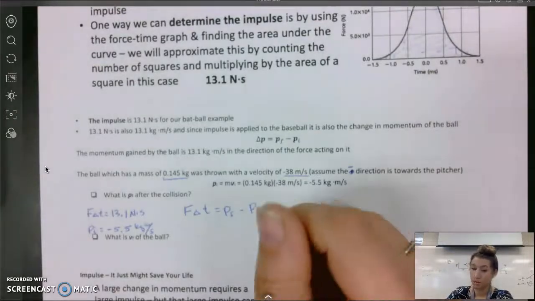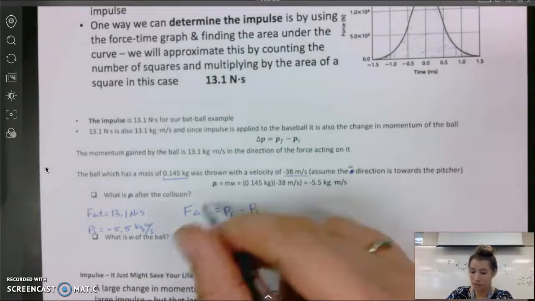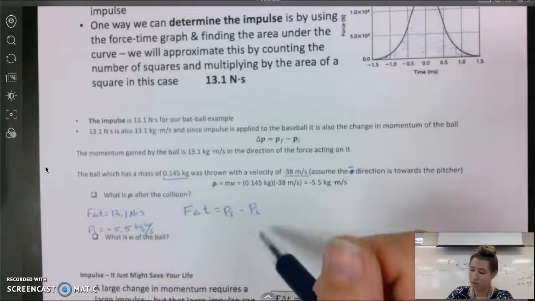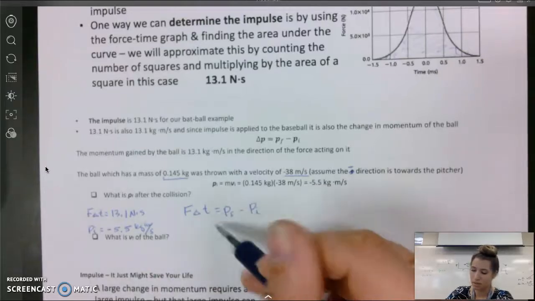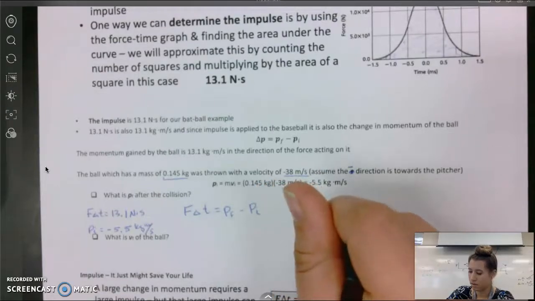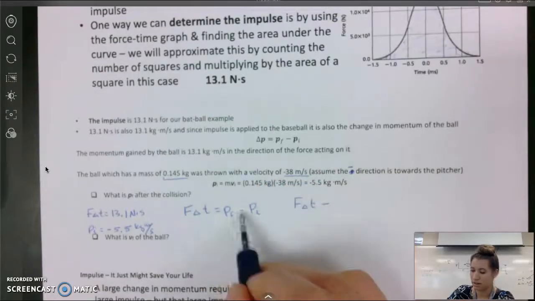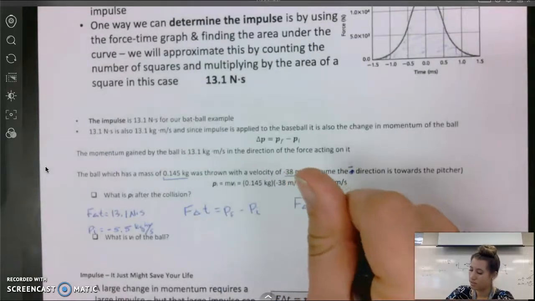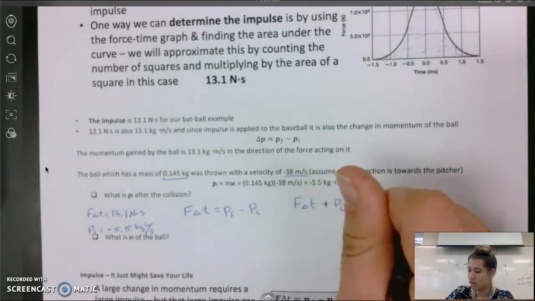Okay. So let's rearrange this to solve for that final, and then we'll plug in what we know. So we want to get this by itself, so we'll subtract that to the other side. Or sorry, add it because it was subtracted here. We will add it to the other side, and that will tell us our final.